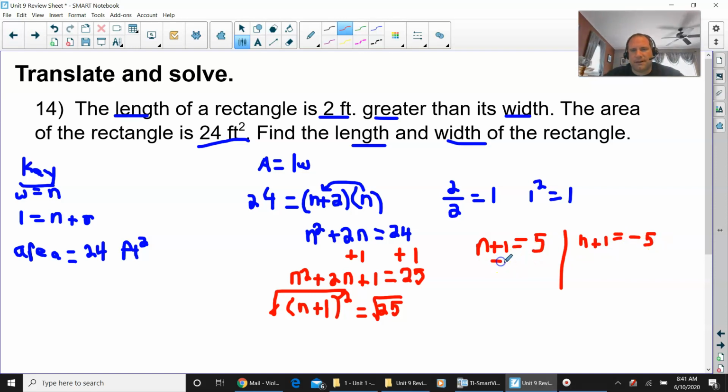And so now we minus 1 on both sides here. N equals 4, and n equals -6.